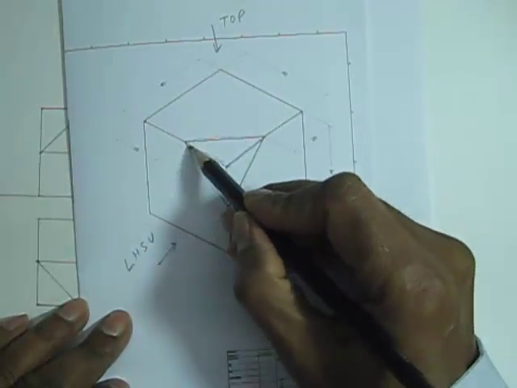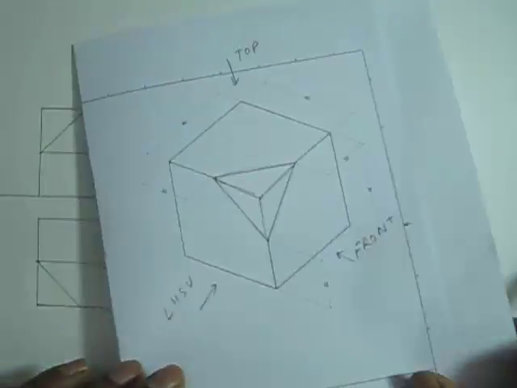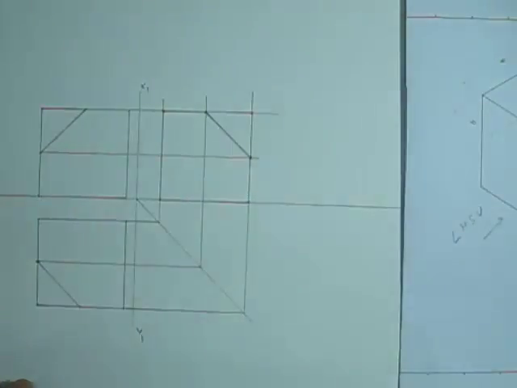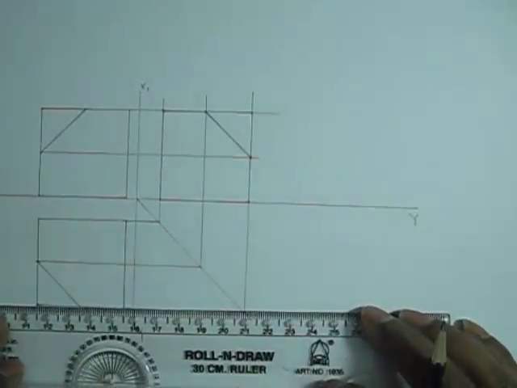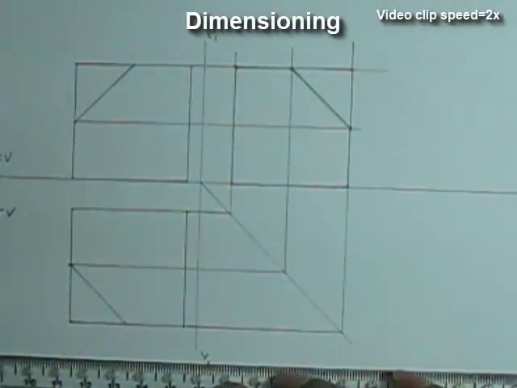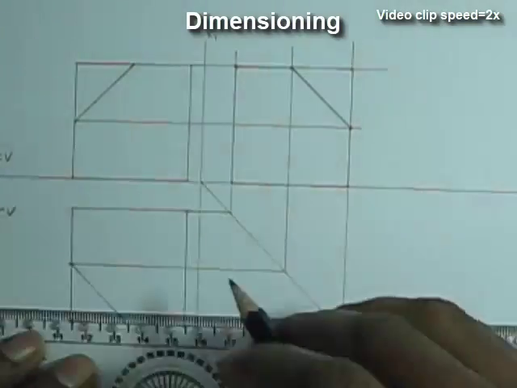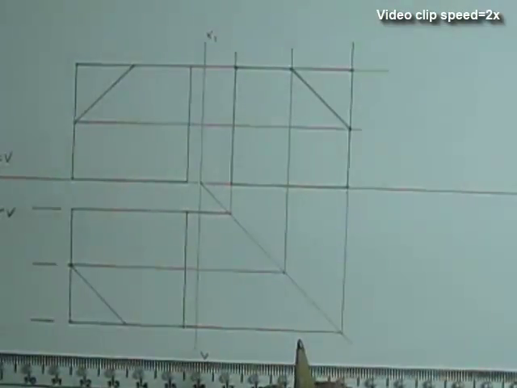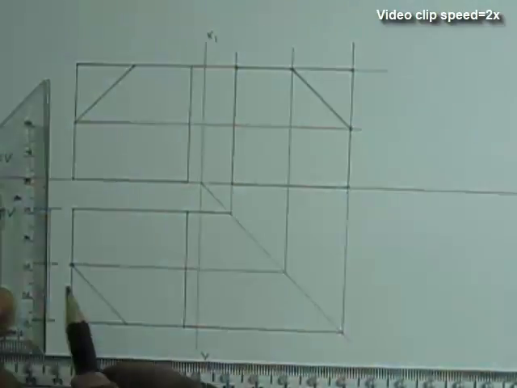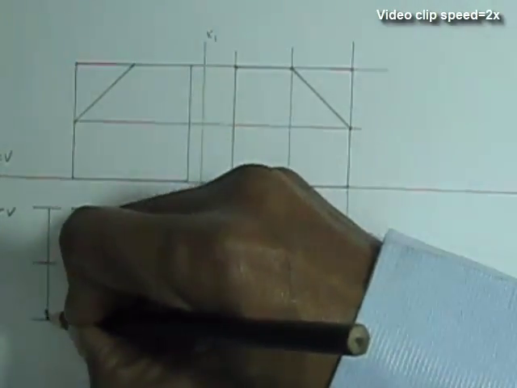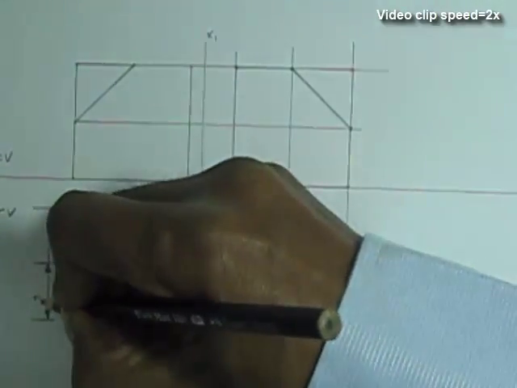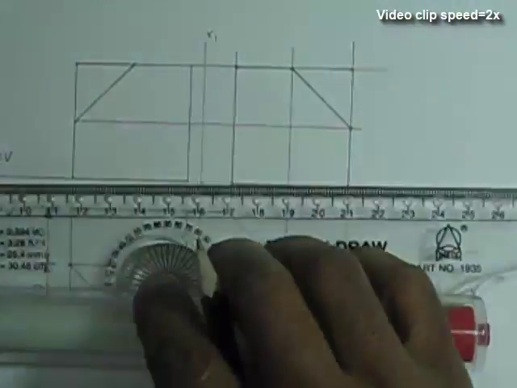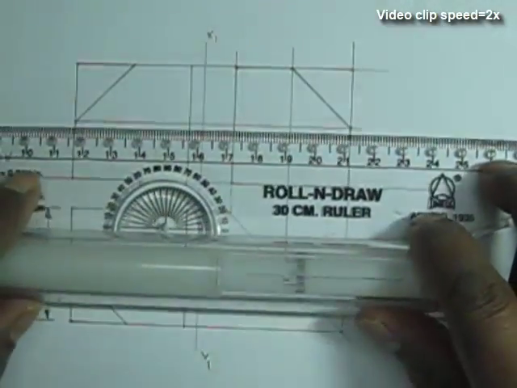So in this example, the cube was cut by an oblique plane, and this oblique plane has cut the corner of the cube, and the new edges are seen in all the projections: the front view, the top view, and the left hand side view. Now we can do the dimensioning. These are 20 mm each because the new edge is formed midway.